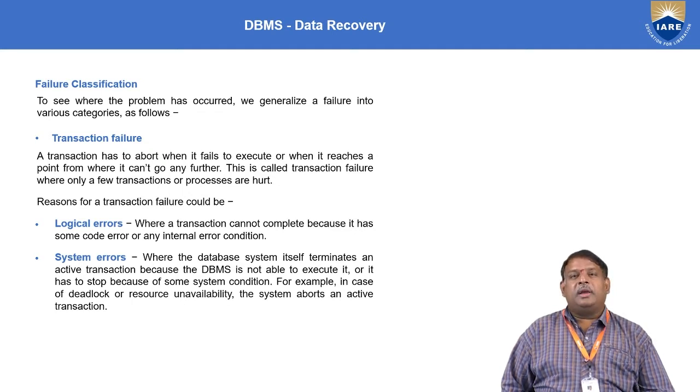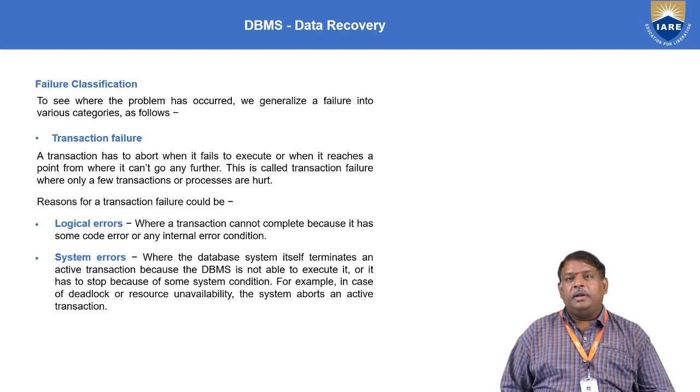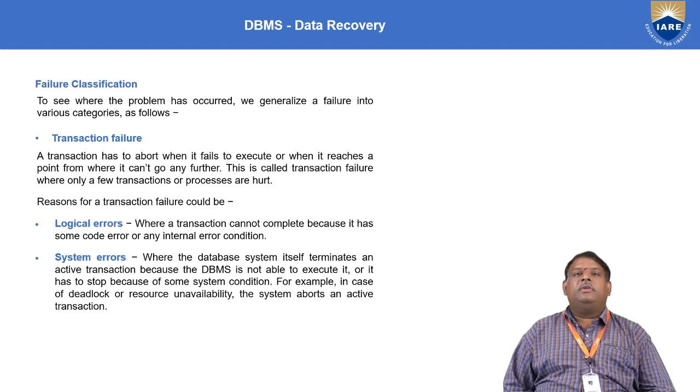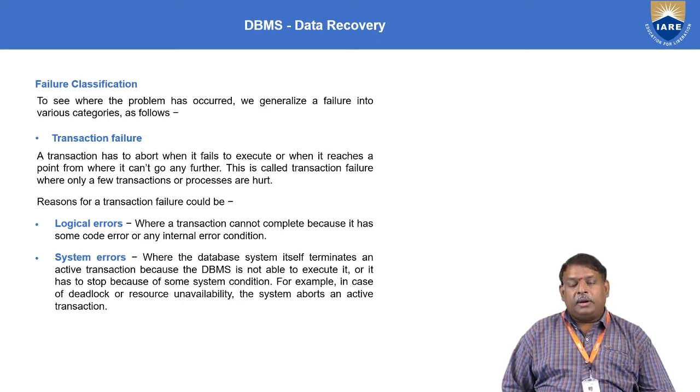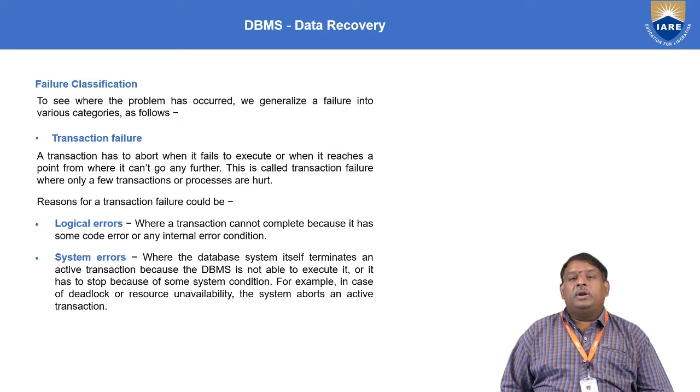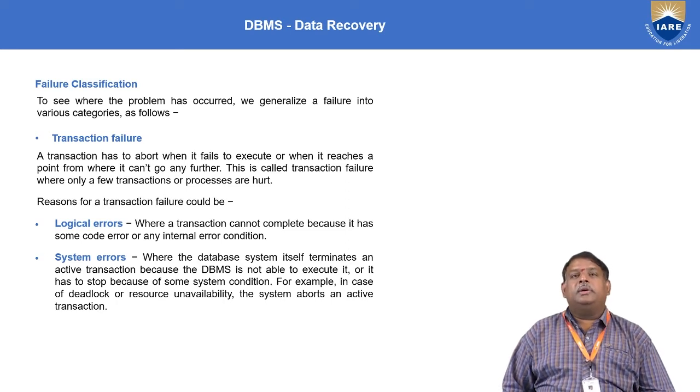A transaction has to abort when it fails to execute or when it reaches a point where it cannot go further. This is called transaction failure, where only a few transactions or processes are hurt.